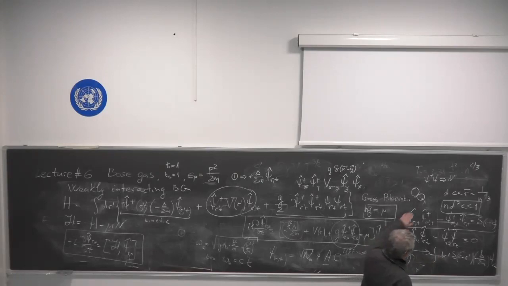By assuming that you have a condensate, you explicitly break this continuous U1 symmetry. And as a result of breaking a continuous symmetry in a macroscopic system characterized by short-range interaction, you will automatically get the gapless mode, which is a Goldstone mode. This is the essence of the Goldstone theorem.